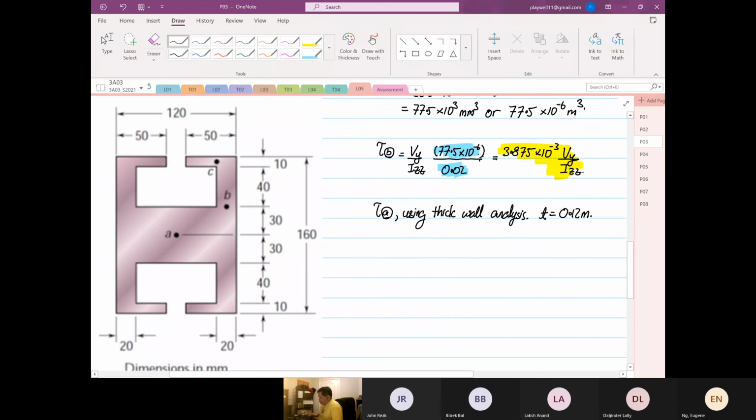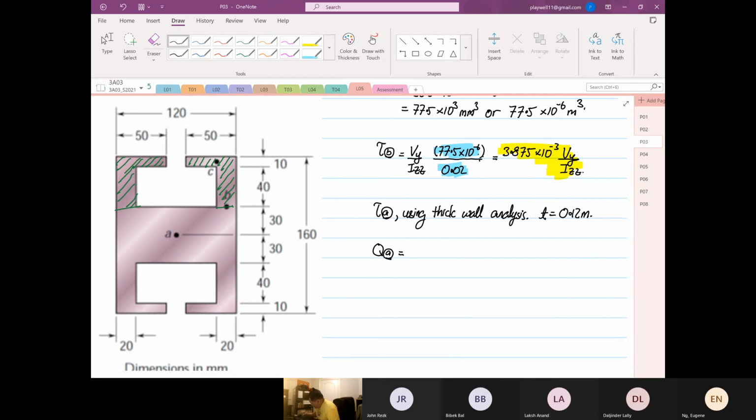So the Q at point A is equal to what? Let's draw this out. You have to take the first moment of area of here, which we have, and also the first moment of area of here, which we have also.